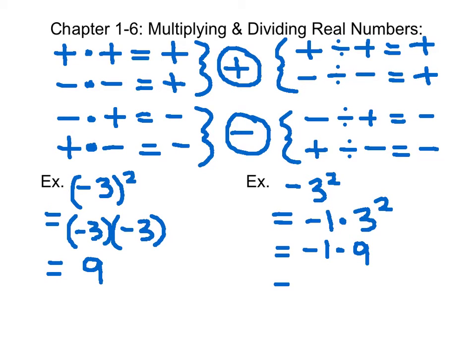And as you can see from above, when you have a negative times a positive, your answer is negative. So, what's 1 times 9? Yes, you're right, it's 9. So, our answer is negative 9. This is the most common mistake that I see because people don't understand the mechanics involved in this question. So, be careful.